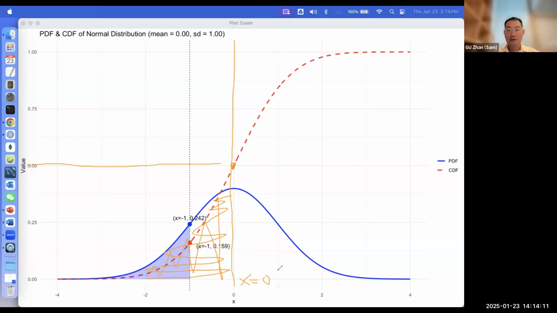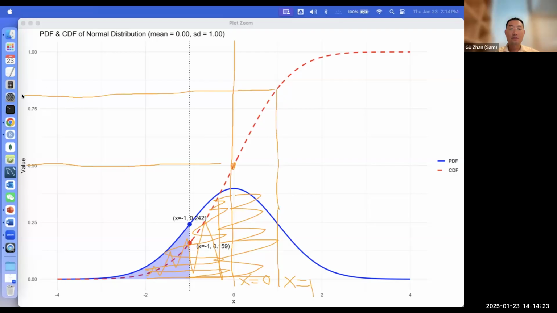When your x is moving to 1, you'll have more area under the curve here. Then your cumulative distribution function will return an even higher probability value. When your x is approaching positive infinity, the total area under the curve will be counted, which is equal to 1.